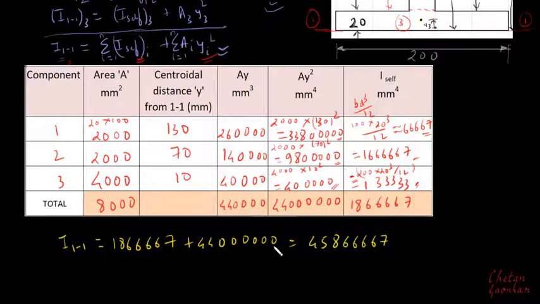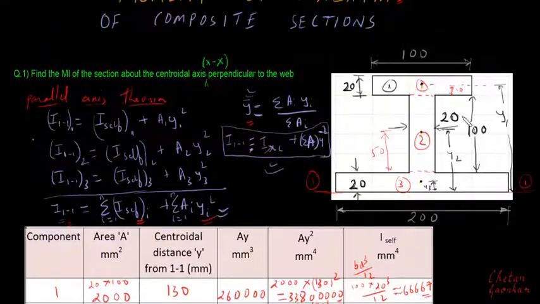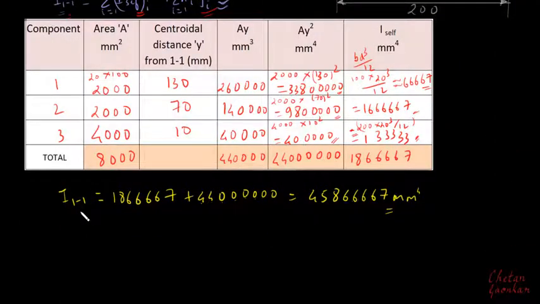So let us just count these numbers: 1 2 3 4 5 6 7 8, and this should be 1 2 3 4 5 6 7 8. All right, so this is what we have got, and the unit will be mm raised to 4, because all these units here are in mm. All units are in mm. So this is what we get for I11 from this table.